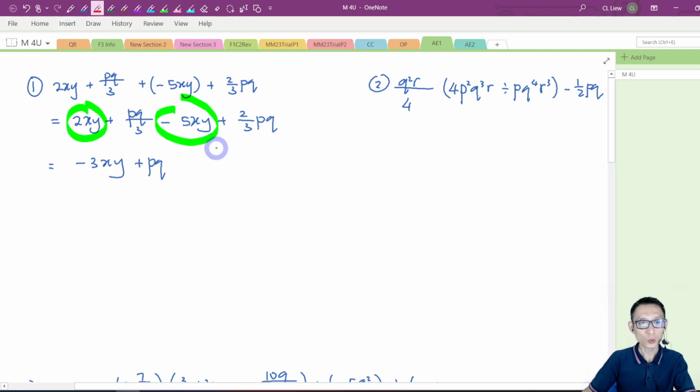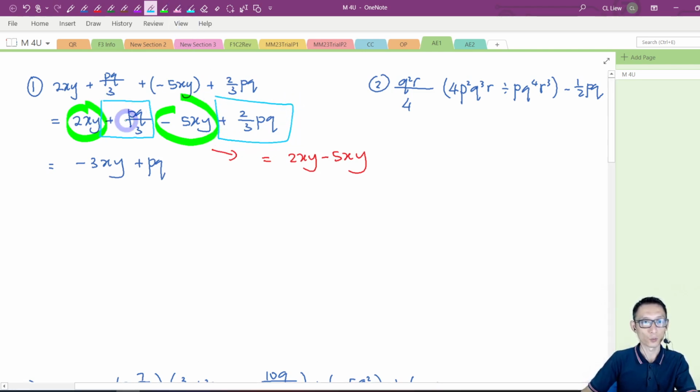So what I'm going to do here is write one more step: 2xy minus 5xy. And then for these two like terms, again, I circle them together with the plus sign. This is not a circle, I just draw a square.